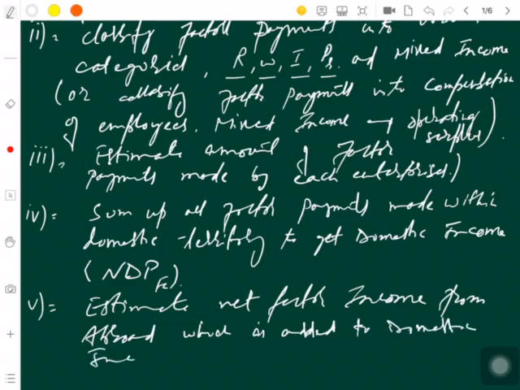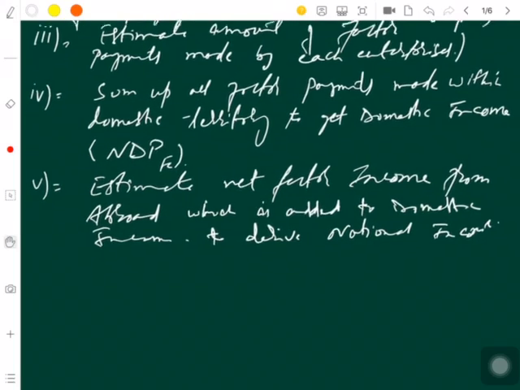What is domestic income? NDP at FC. What will we derive? We do it all to derive national income. Symbolically, NDP at FC plus NFIA, net factor income from abroad, is equal to NNP at FC, factor cost.